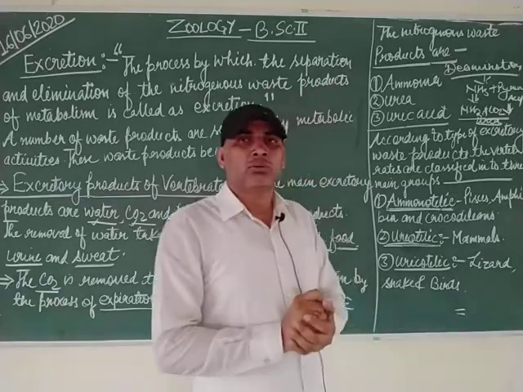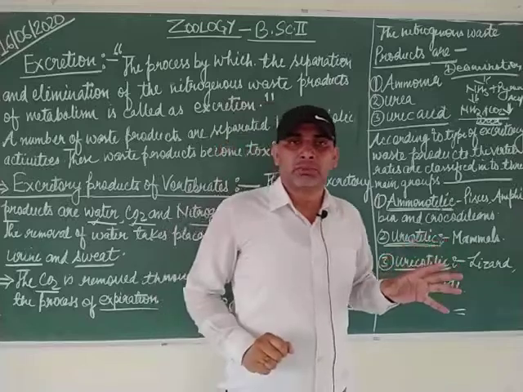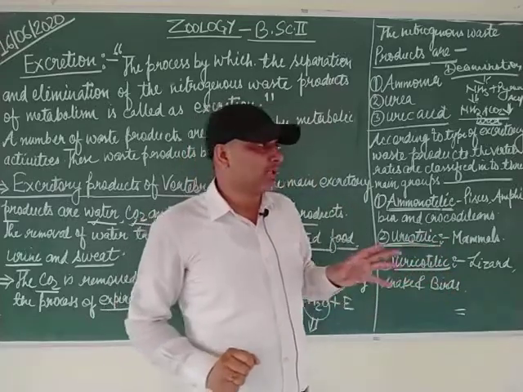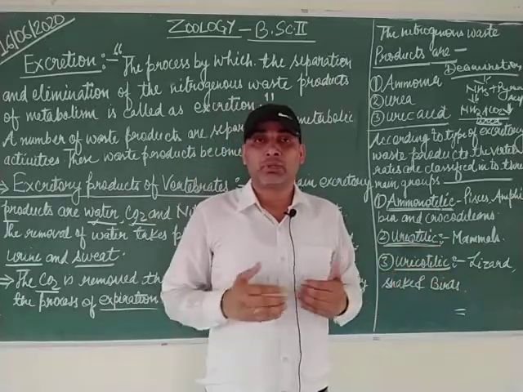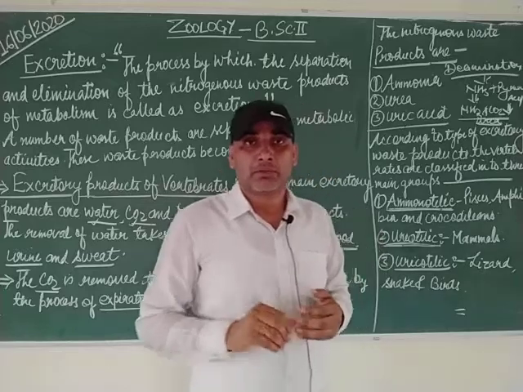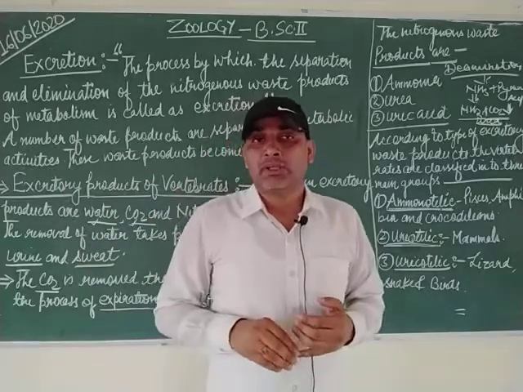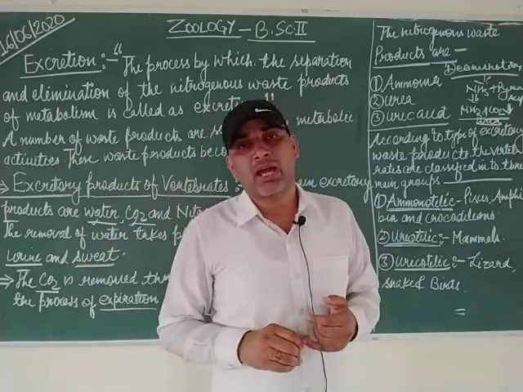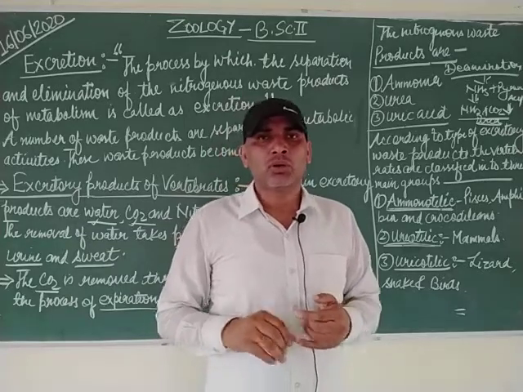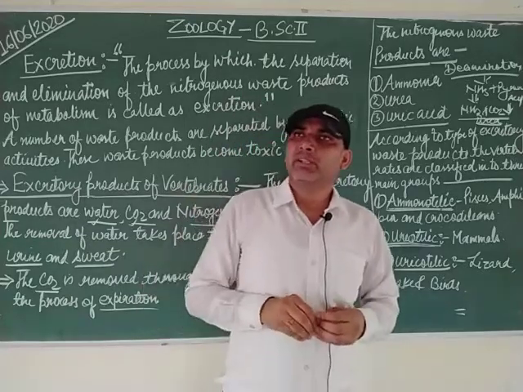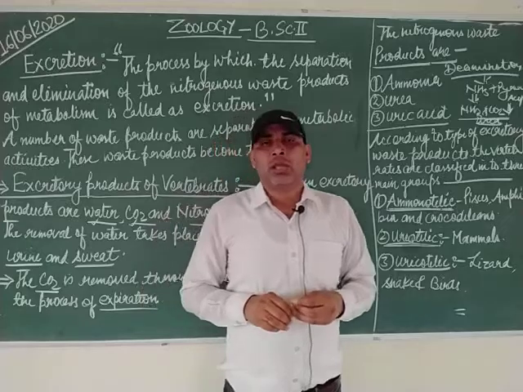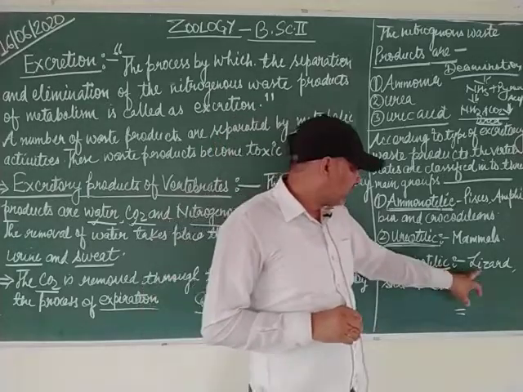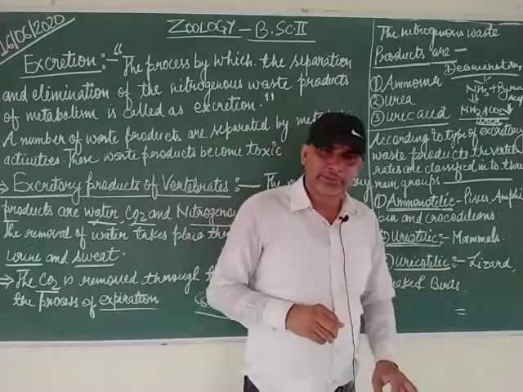Animals found in this category don't need any amount of water for the removal of uric acid, because it is the least toxic substance. In this category are the lizard, snake and birds.